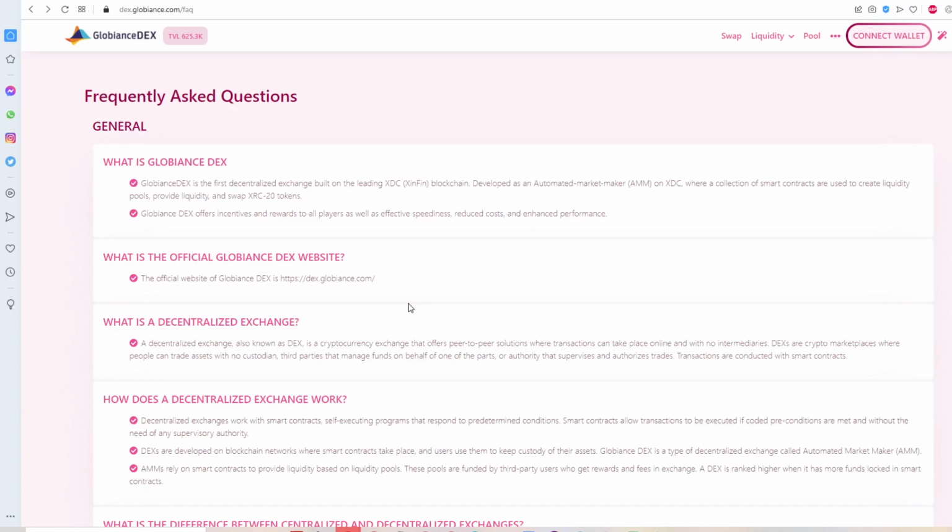Or do you just move it to your DEX wallet, for example, and keep it there because you want to be secure, you don't want to rely on Globiance to be secure and to not have any hacks, then the DEX is your point.